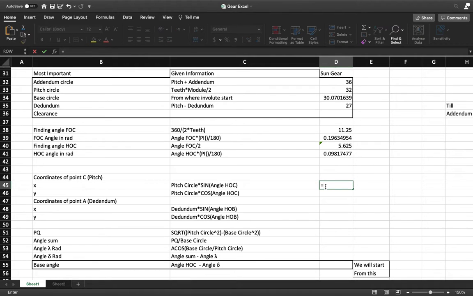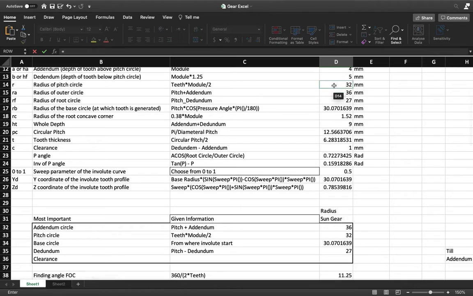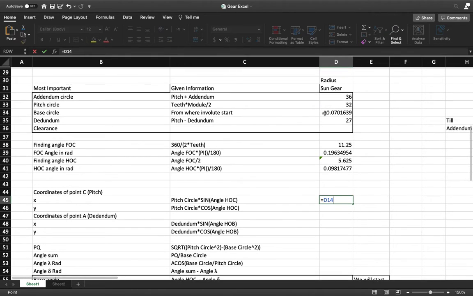I apologize for the sore throat. Pitch circle, multiplied by sine angle HOC in radians is equal to 3.13.